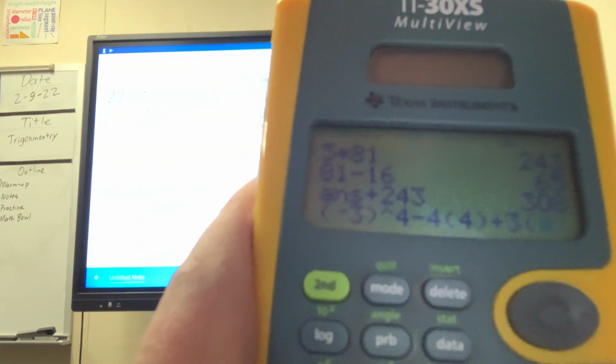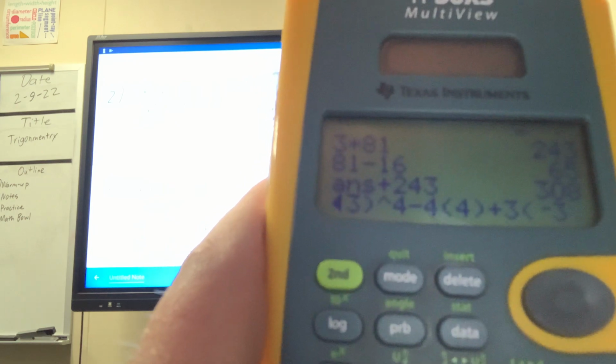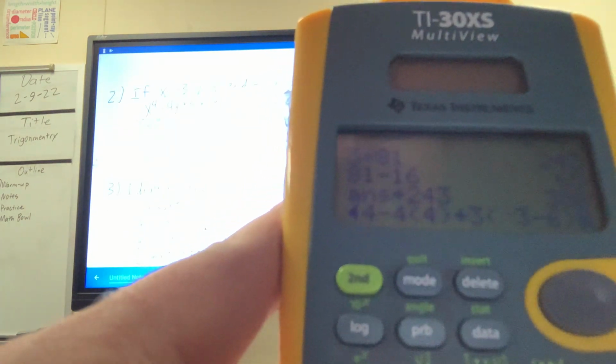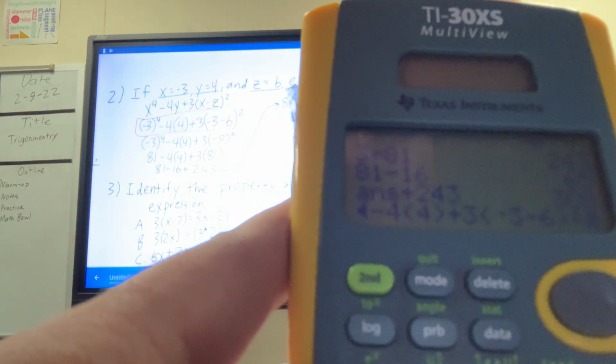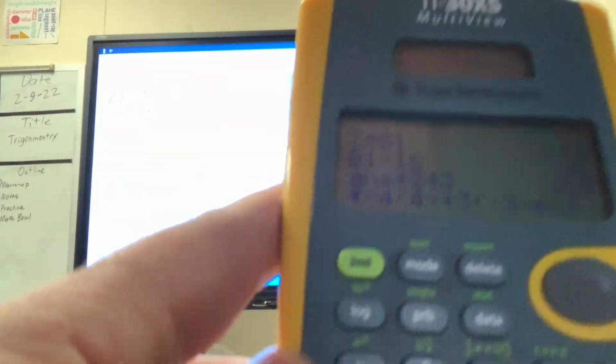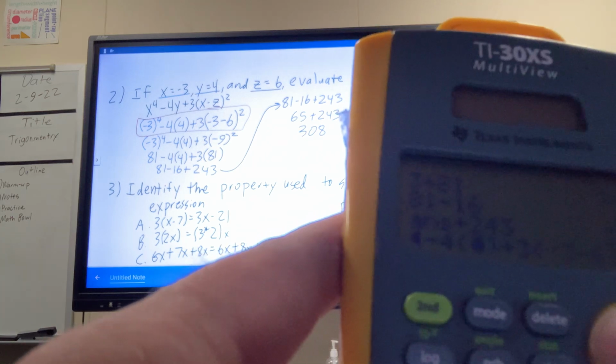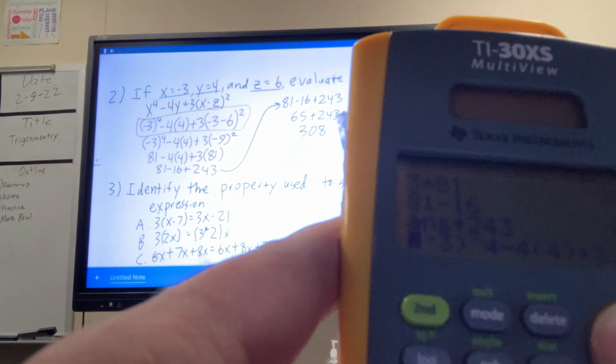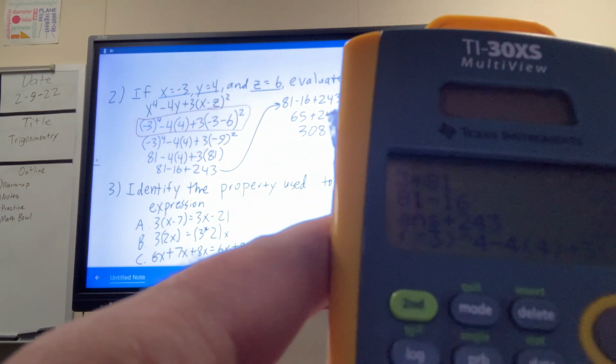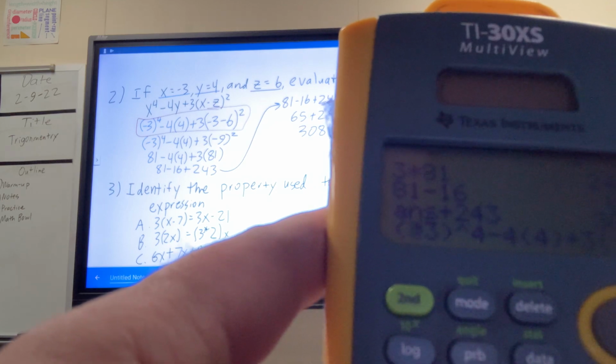Sorry, I'm just making sure I've got it set up right. Negative 3 minus 6, close parentheses, and then a square. I want to make sure I've got it set up just right. So far, so good. And remember, with the negative, don't make this a minus. Make this a negative, which is this.